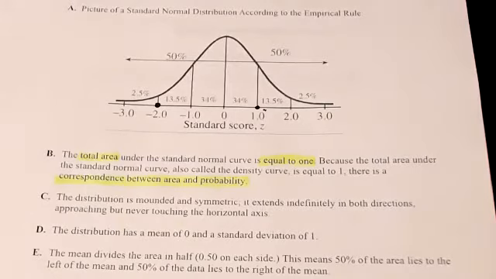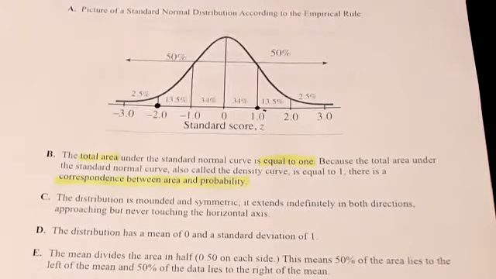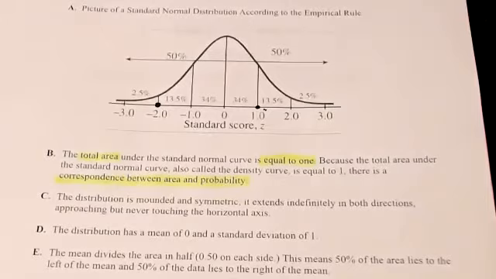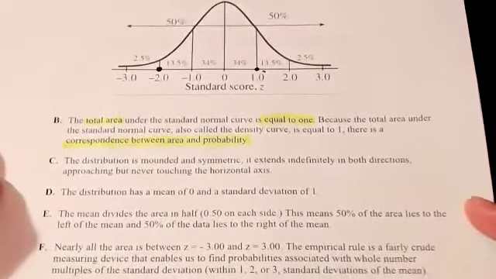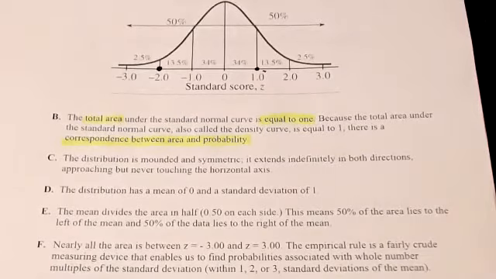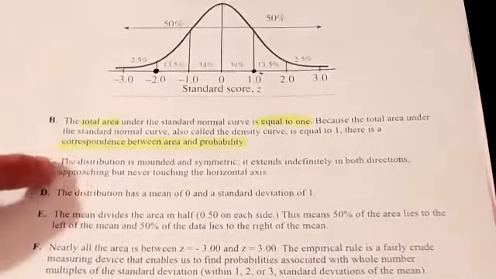Keep going, Stephanie, one more. The distribution is symmetric. Yes, symmetric, sorry. It's okay. It extends infinitely in both directions, approaching but never touching the horizontal axis. That's an interesting piece too.